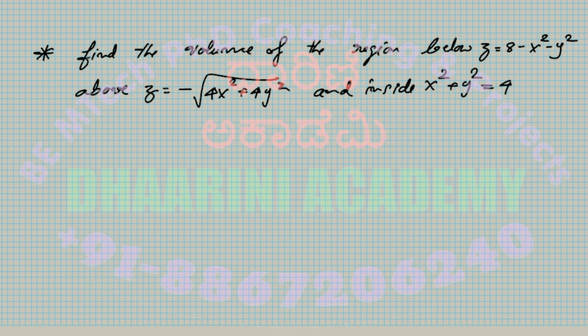Okay, slightly complicated region given. The upper limit of z is given, yes, we understand. The lower limit of z is given, yes, we understand. But inside is a circle, a circular shape. XY will vary according to a circle, but z varies in a different shape.